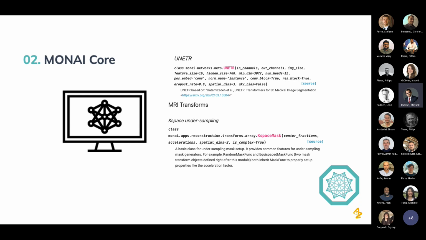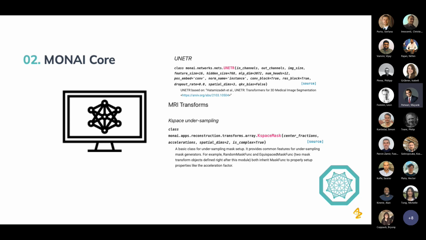This is implemented within MONAI. So instead of trying to implement it directly from scratch after reading the literature and introducing possible errors, one could simply call the implementation already present within MONAI Core.